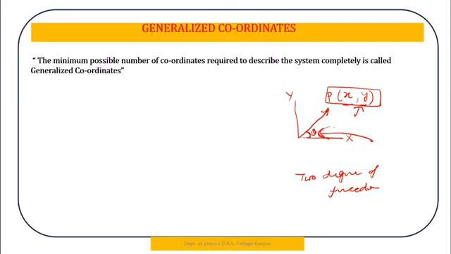The definition is: the minimum possible number of coordinates required to describe the system completely is called generalized coordinates. Any system described by the minimum number of coordinates, those are named generalized coordinates. In this explanation theta is a generalized coordinate.